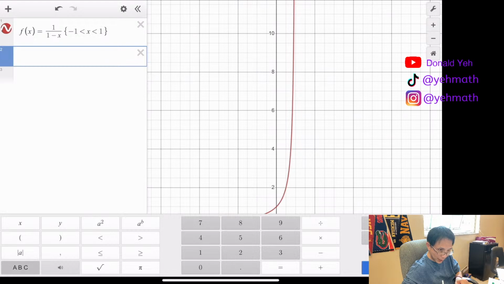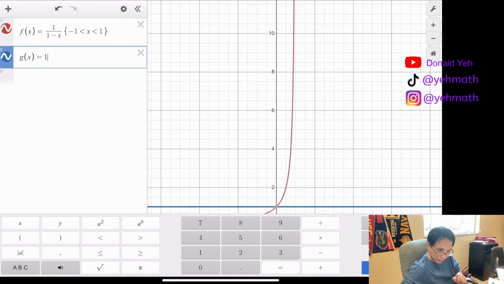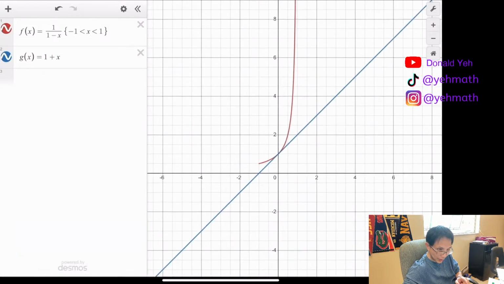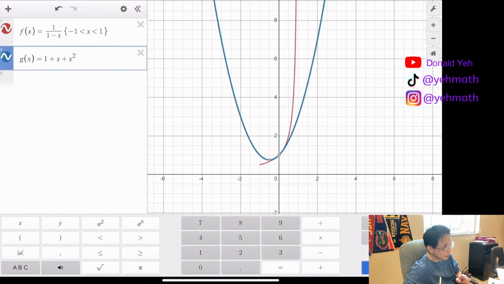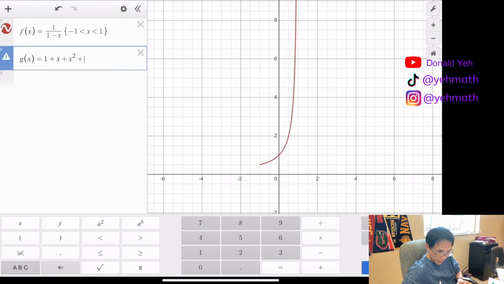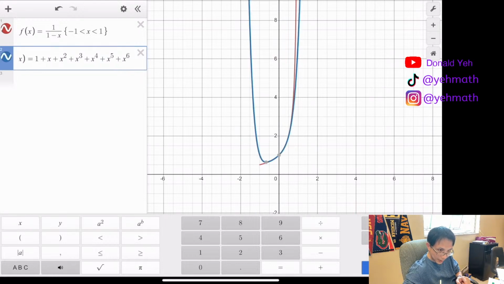We're going to say g of x here. G of x is equal to 1 plus x plus x squared plus x to the third plus x to the 4 plus x to the 5 plus x to the 6.